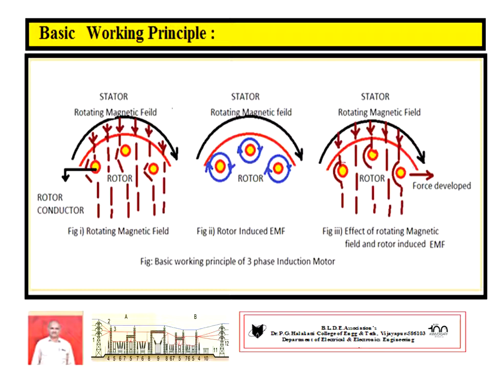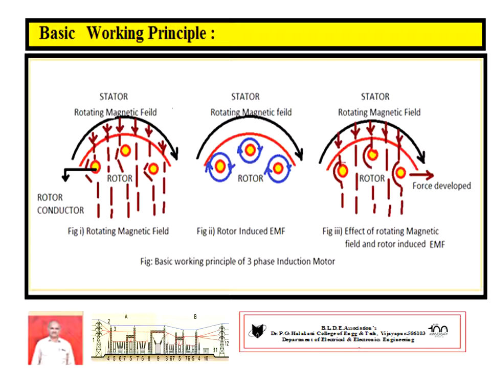The synchronous speed of the rotating magnetic field is given by Ns equal to 120 f by P, where f is the supply frequency and P is the number of stator poles. Fewer poles give high synchronous speed and vice versa.